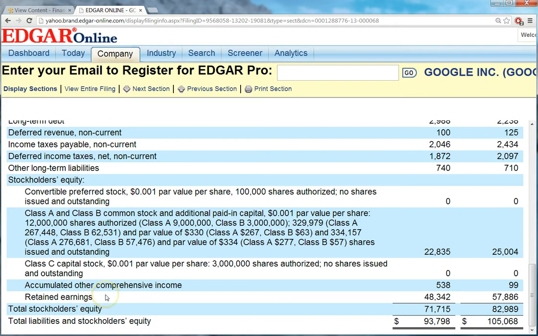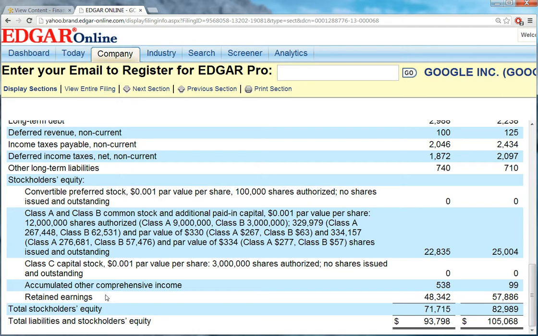Notice that they are not listing any treasury stock, nor are they listing any non-controlling interests. All that tells us is that they simply do not have any treasury stock. Google has not gone into the market and repurchased any of its own shares of stock, nor do they have any controlling ownership interest in subsidiaries for which they do not have 100% ownership.